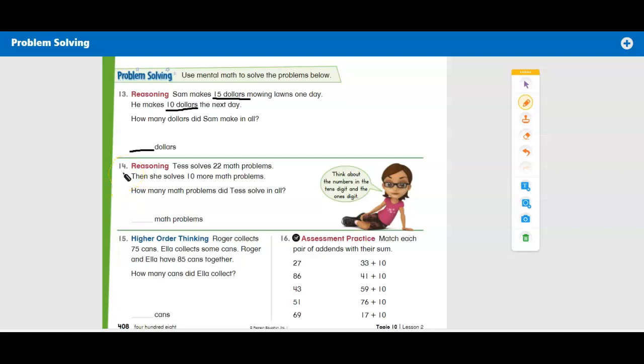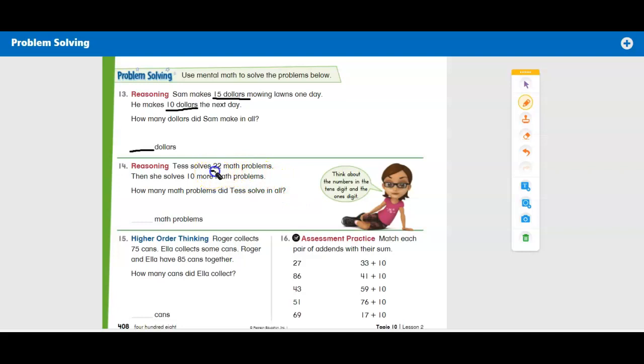Number 14 says reasoning. Tess solves 22 math problems. Then she solves 10 more math problems. How many math problems did Tess solve in all? Our helper here says think about the numbers in the tens digit and the ones digit.